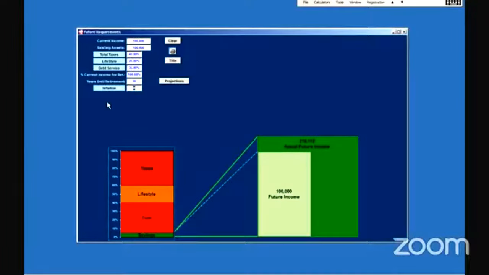Now, as you can see in this calculator to the right, what it means is that someone who's 45 years of age today, earning $100,000 of income, must be earning $219,112 in 20 years from now in order to maintain the same purchasing power that the $100,000 is generating today.